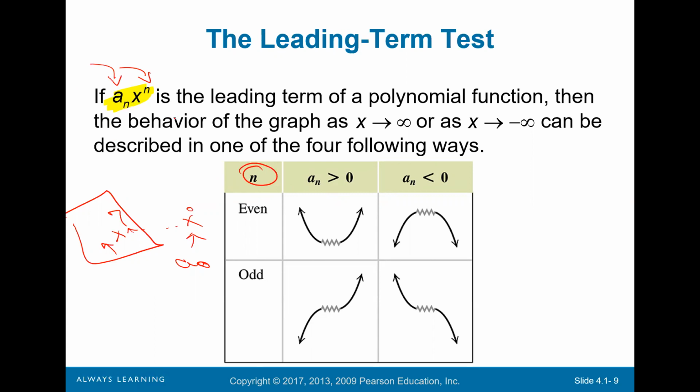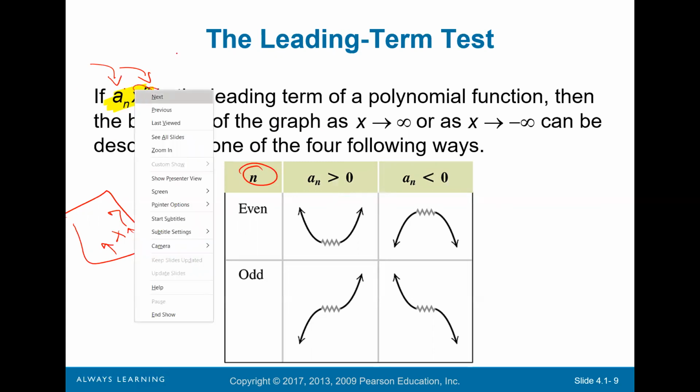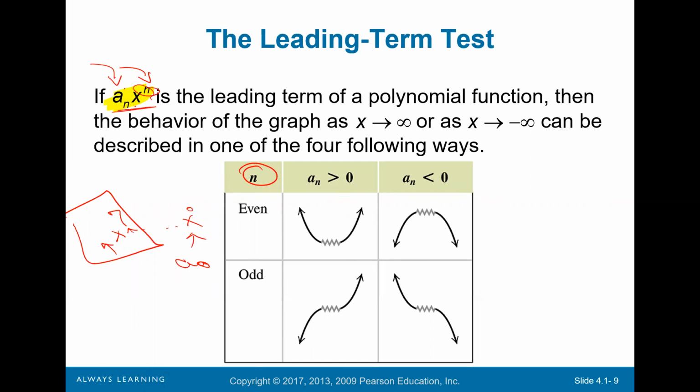Okay, let me backtrack. My leading degree, right, is on my variable term. However, the coefficient on the leading variable is a to the n. If that value is greater than 0, and n is even, we're going to open on both sides, or go up on both sides, right? There's going to be a mess going on in the middle, but it's going to go up on both sides.